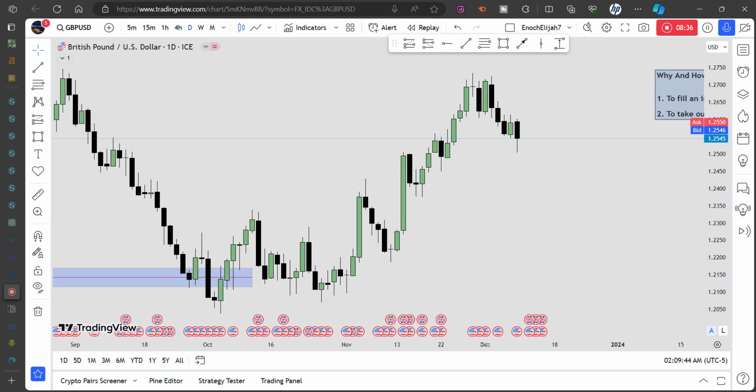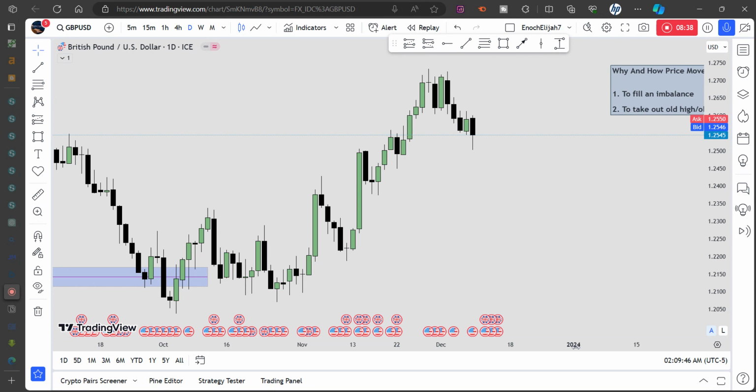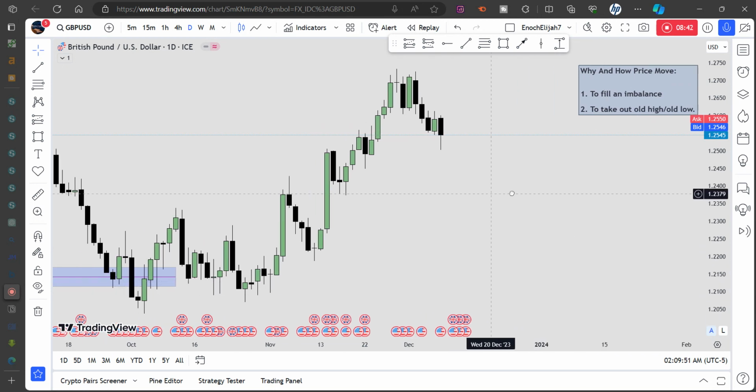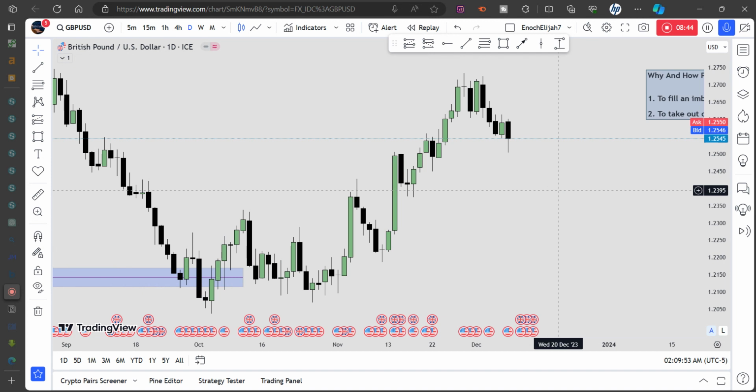You have December, then January next year, then February, and so on. If you go to a lower time frame chart, you're going to see something like days of the week. Lower again, you're going to see hours of the day. And if you go lower again, you're going to see minutes of the hour. So it's always about time and price.